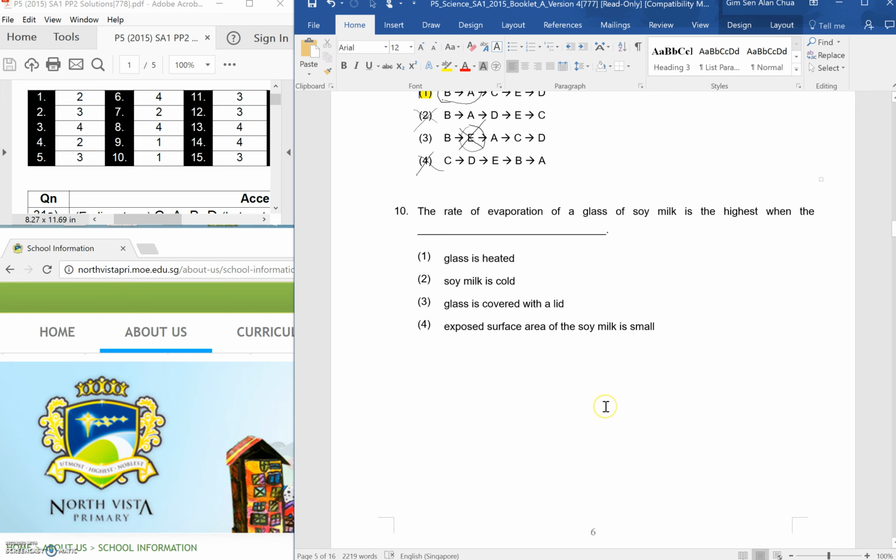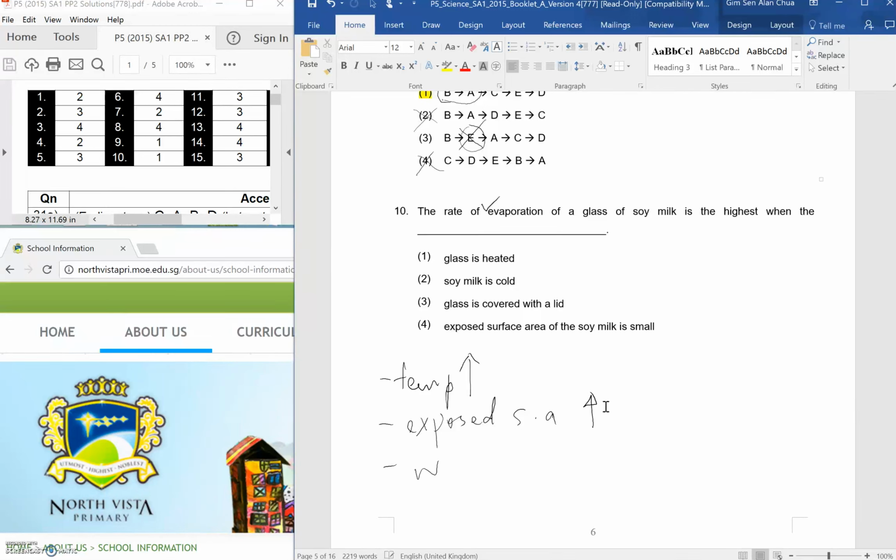On question number 10. The rate of evaporation of a glass of soy milk is the highest when. We want rate of evaporation. So we know there are 3 factors. Let's revise. Factor number 1, increase in temperature. Factor number 2, increase in the exposed surface area.